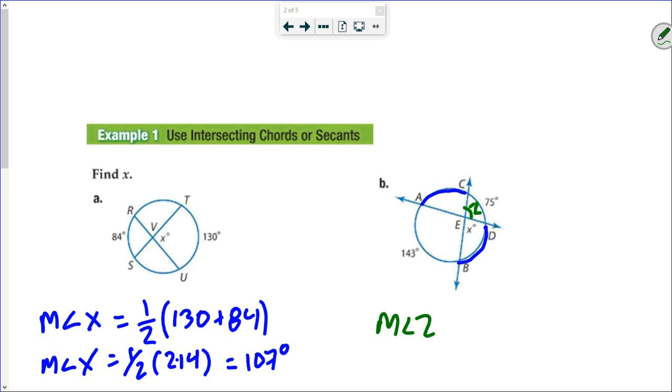We can find angle 2: it's 1/2 the sum of 75 and 143, those two arcs. I'll plug that into my calculator. 1/2 the sum of 75 plus 143 is 109. So angle 2 is 109 degrees.